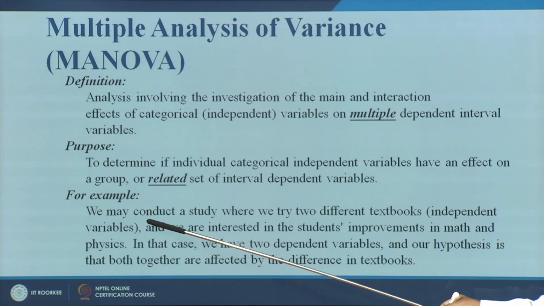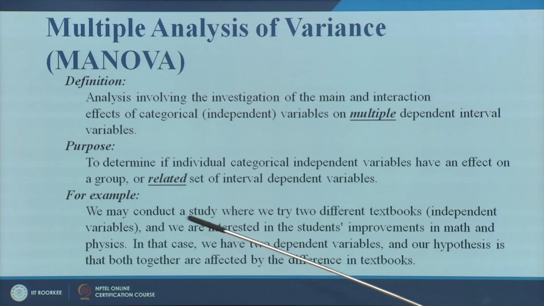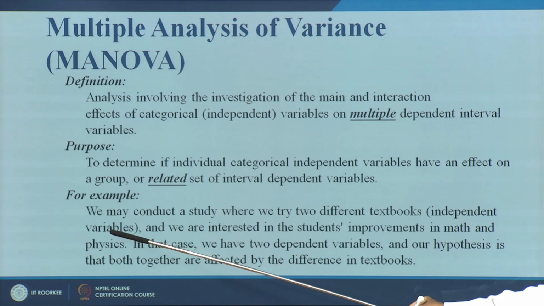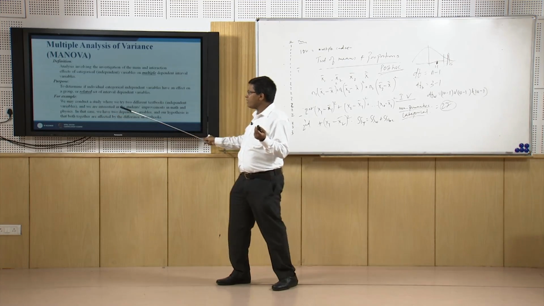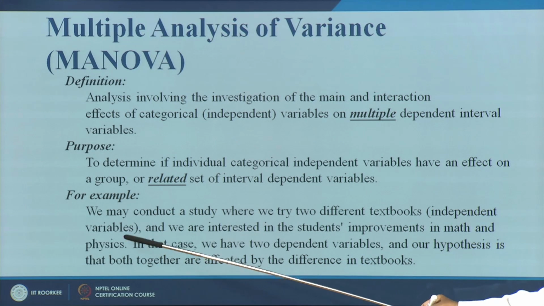Take an example. We want to make a study where we use two different textbooks. Which are the independent variables? A change in textbook will affect the change in the dependent variable, so these are the independent variables. And we are interested in the outcome, which is the students' improvement in the math and physics score, okay.